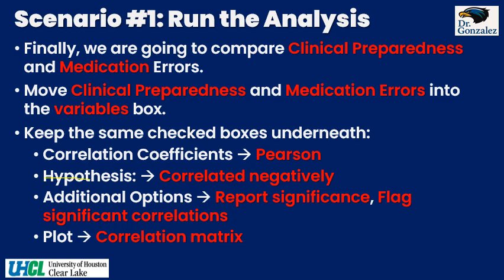I need you to go in there and change it to correlated negatively, because that's what our hypothesis said. Our hypothesis said that if there is a relationship, it is going to be correlated negatively. Keep all the rest of the stuff the same, let it go, and let's look at our scatter plot.